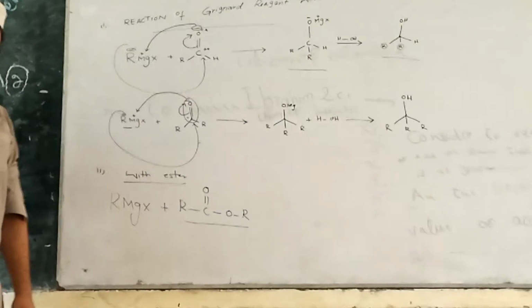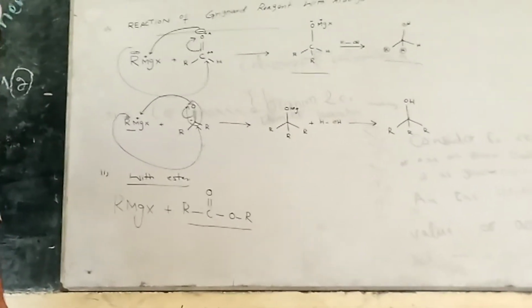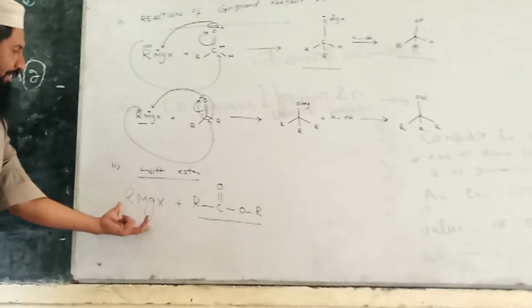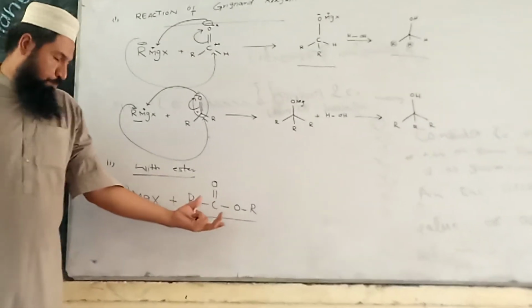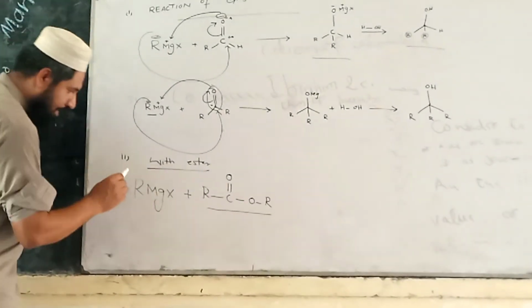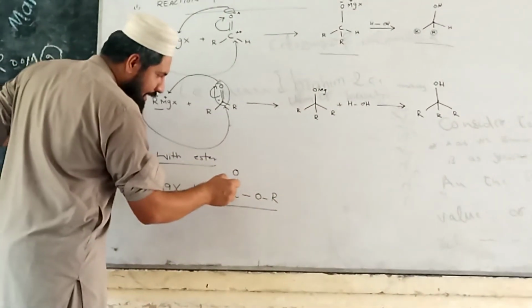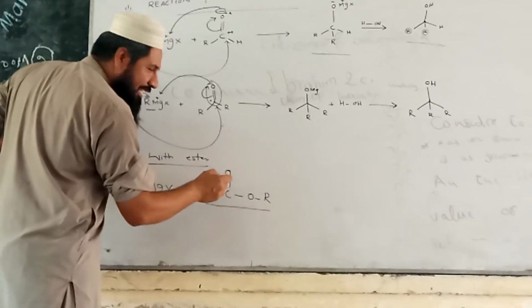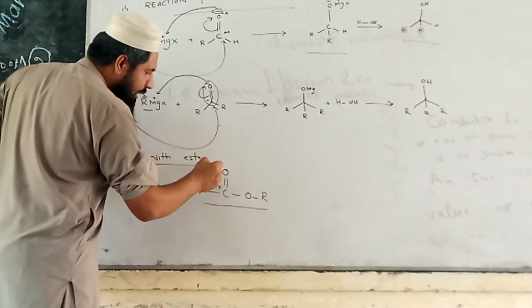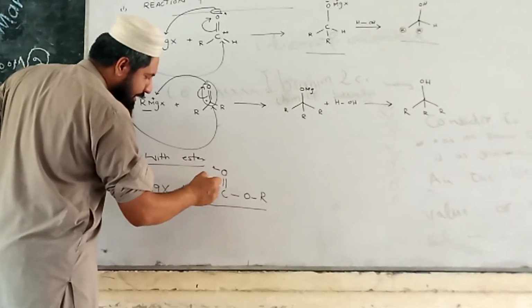So look, when Grignard reagent reacts with ester, what will be formed? Carbon is doubly bonded to an oxygen atom, so carbon is a little positive. We can call it partial positive and partial negative.